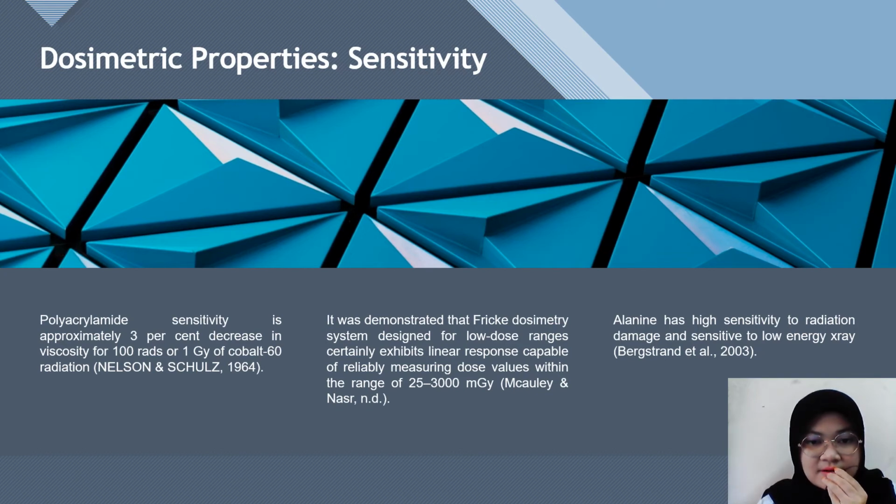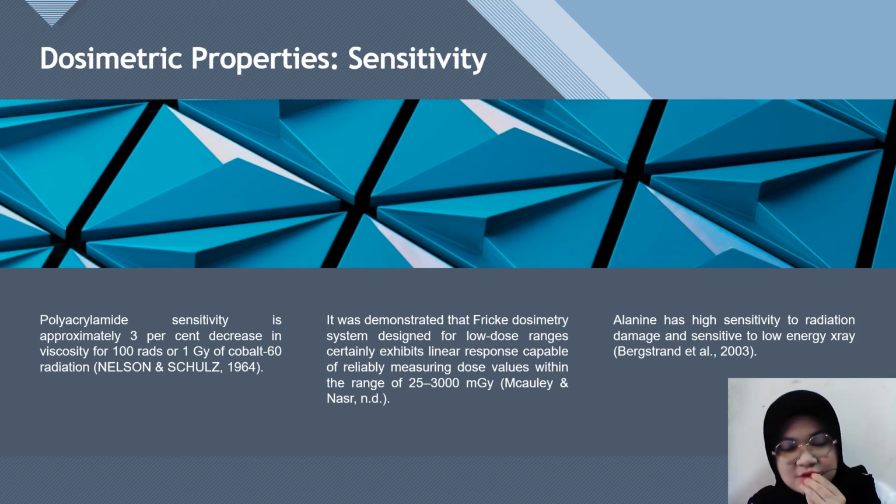While for Fricke dosimetry, it demonstrated that the system designed for low dose range exhibits a linear response, capable of reliably measuring dose values within the range of 25 to 3000 mGy. This is from Macaulay and Nasser.